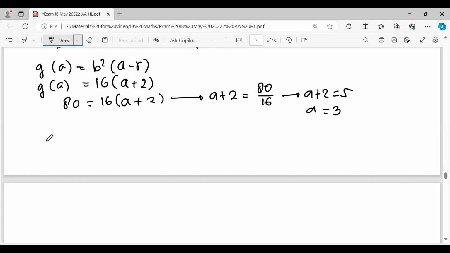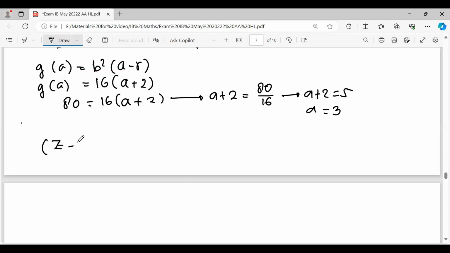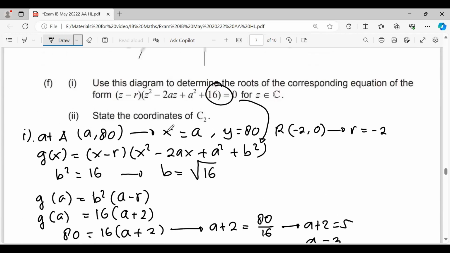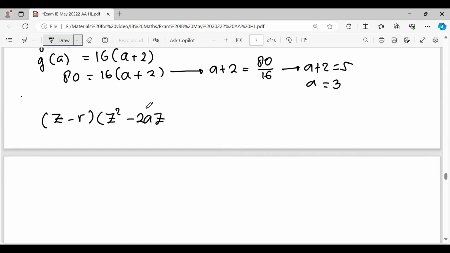Then z minus r times z squared minus 2az plus a squared plus 16 equals 0.